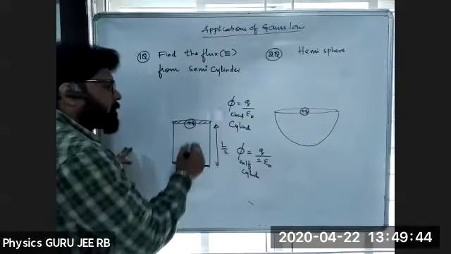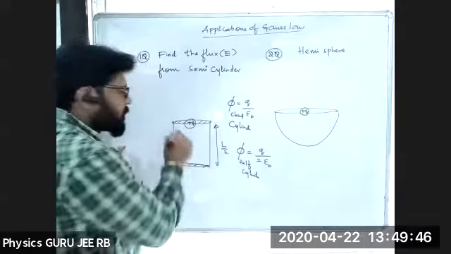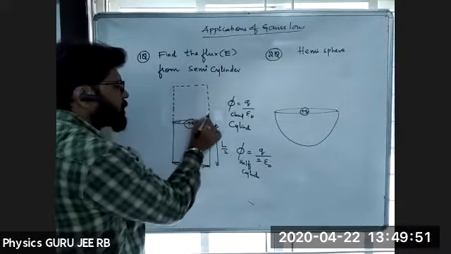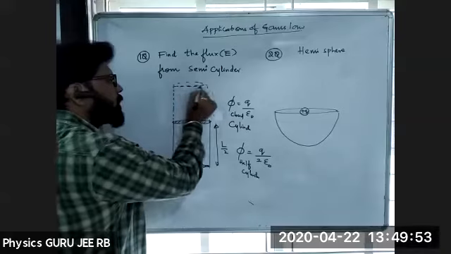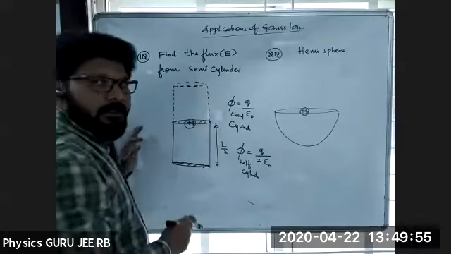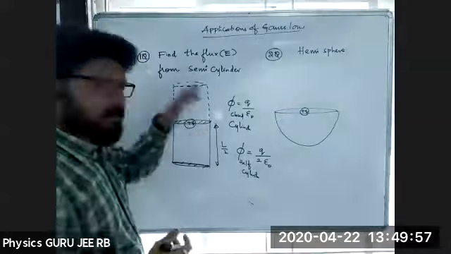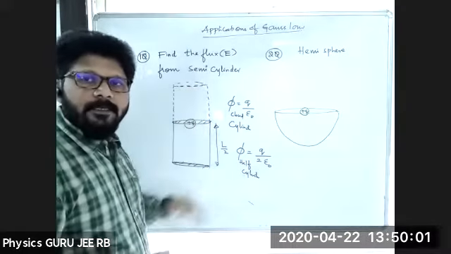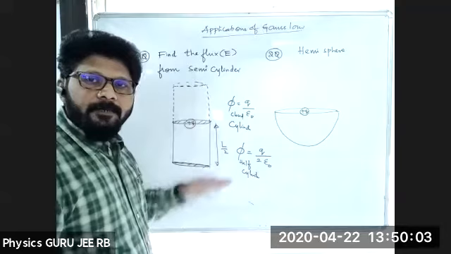Otherwise, try to make the distribution of flux lines. You just try to construct an equal and opposite cylinder above the Gaussian surface. Then this will be a complete cylinder.